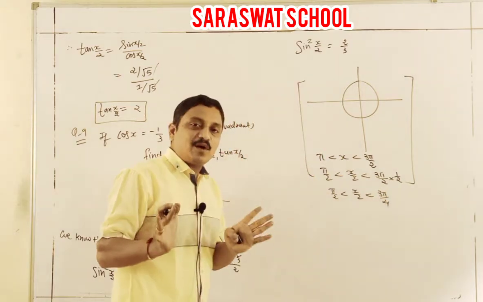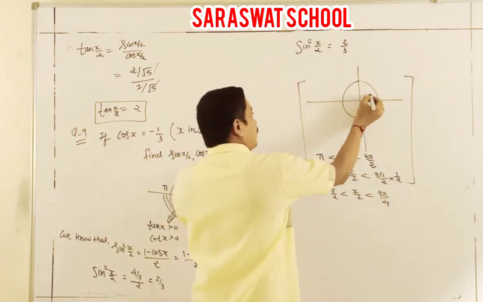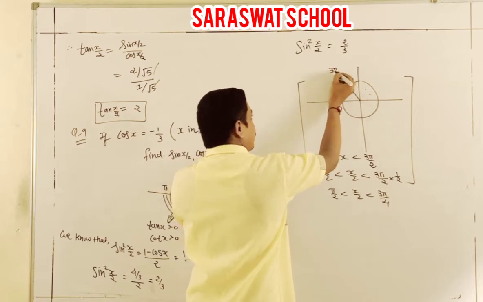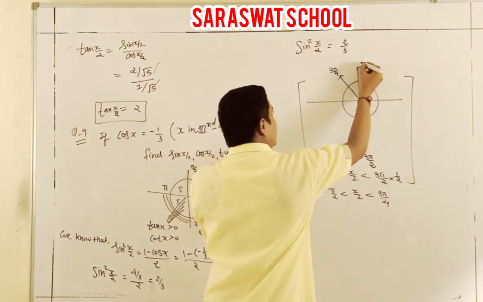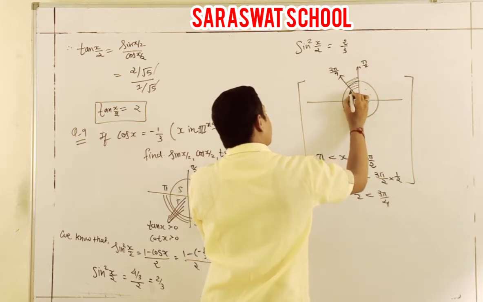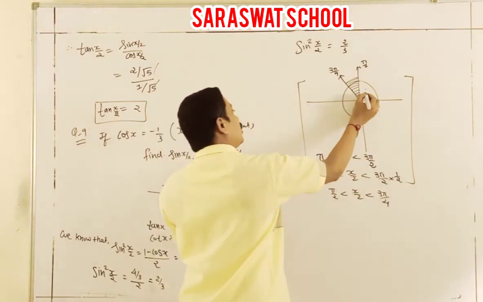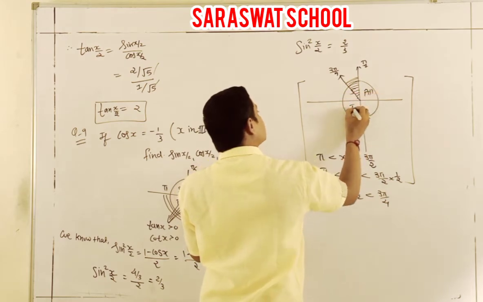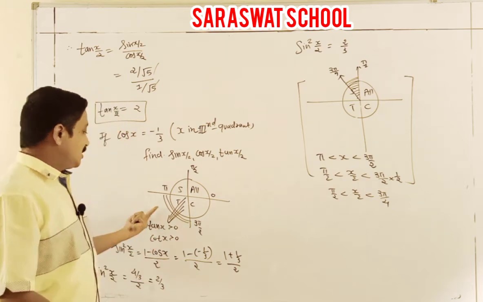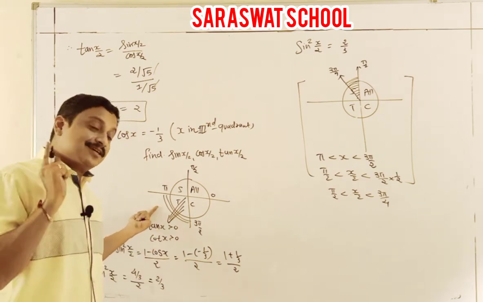And where does 3 pi by 4 belong? 45, 45 and 45, you are here. 3 pi by 4, and pi by 2 is here. Your exact degree is in this quadrant, and that is your all as TC. Second quadrant sin x by 2. It is only x in the third quadrant.